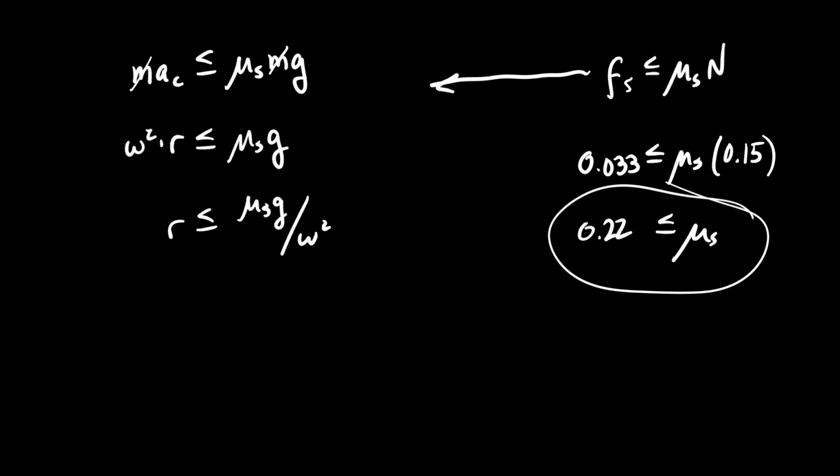We wouldn't be able to do it like this without omega. This makes it simpler. This has got to be less than or equal to 0.4 times 10 divided by 4.7 squared. So 4 divided by 4.7 squared. And I find that r has to be less than or equal to 18 centimeters. It's 0.18 meters, but 18 centimeters.